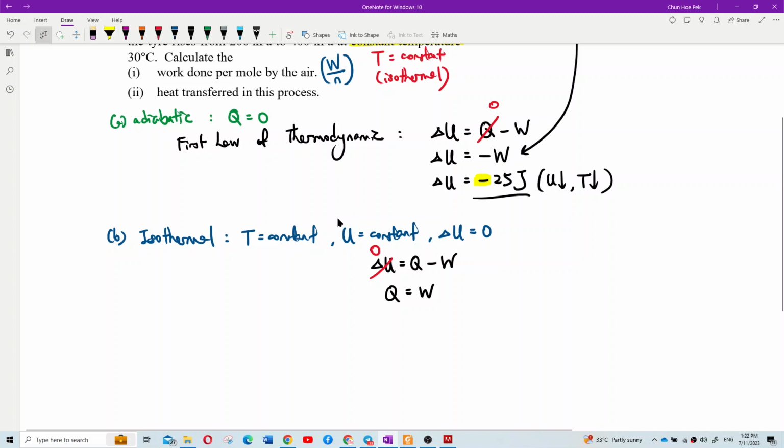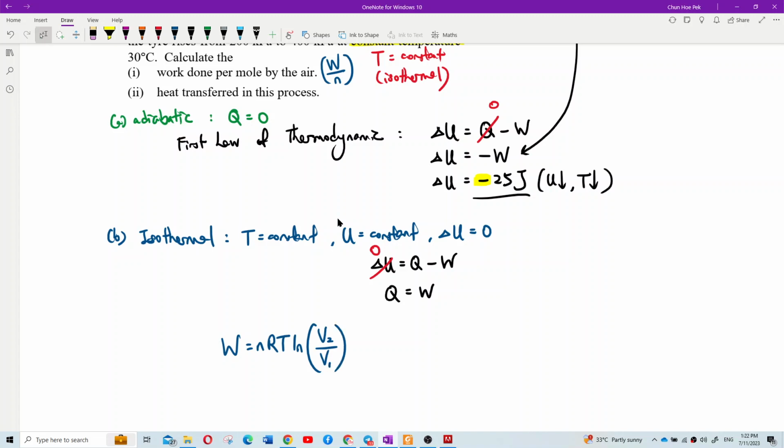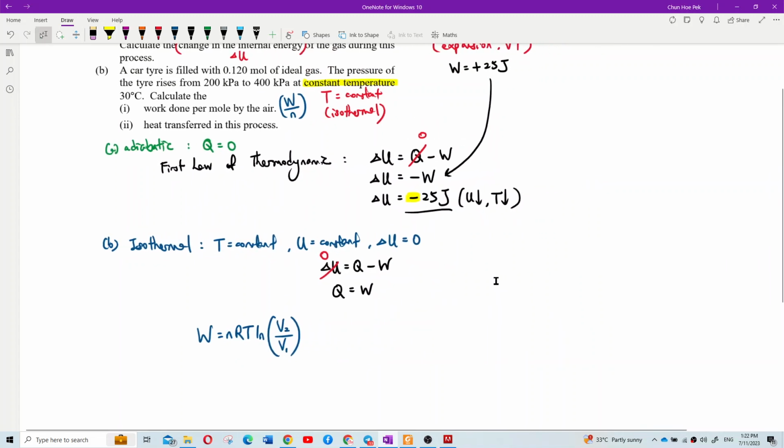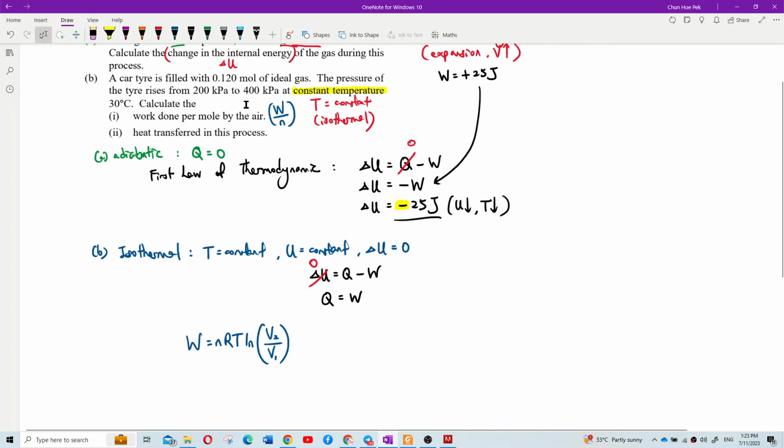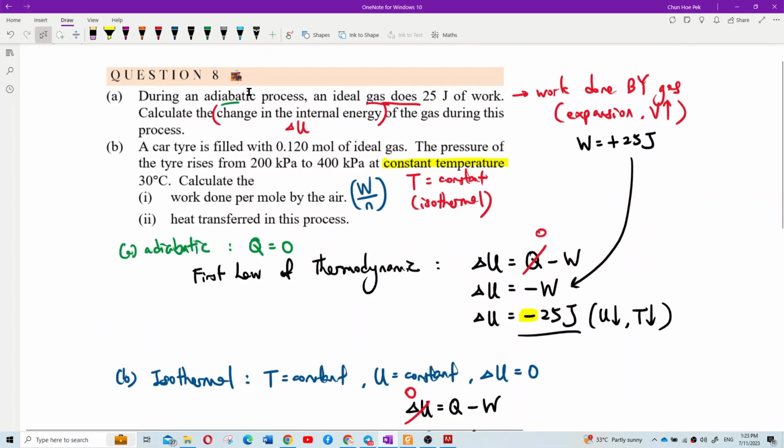Let's write down the formula. Work done equal to nRT ln V2 over V1, V final over V initial. Do we have all the information needed? We have the number of mole, this is the initial pressure, this is the final pressure, and this is the temperature all the while.